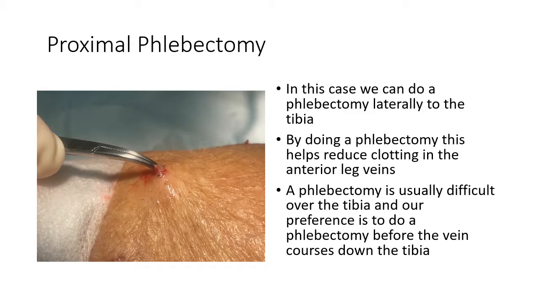This is almost like doing an exit phlebectomy that we've showed you before. The phlebectomies over the tibia are a little bit more difficult to do because there's really no fatty tissue there. However, if it's really dilated, you can do one there as well. Usually just doing one phlebectomy is all you need after doing foam sclerotherapy.